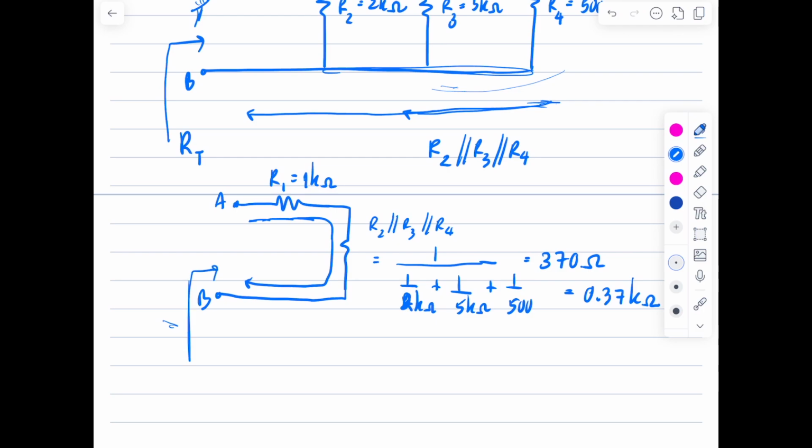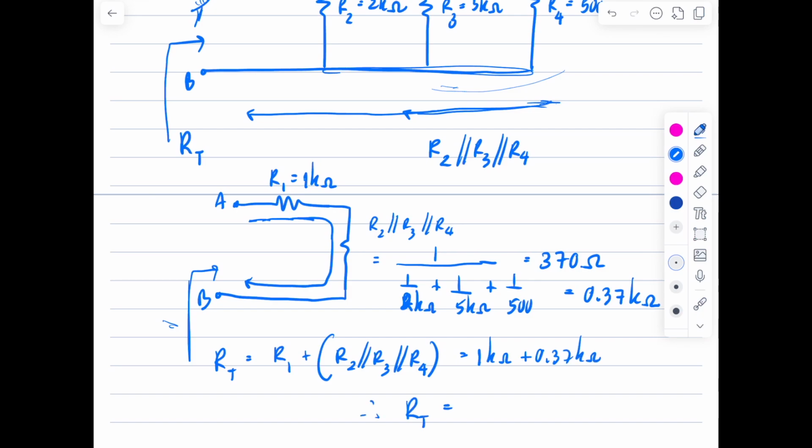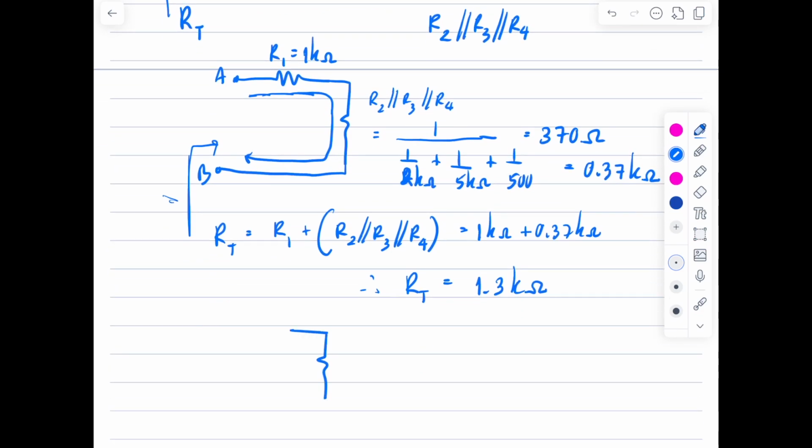At the end, your R total is equal to R1 plus the three parallel resistors, so 1 k ohms plus 0.37 k ohms. Your R total is equal to 1.37 k ohms. So between terminal A and B, the total resistance is 1.37 k ohms.